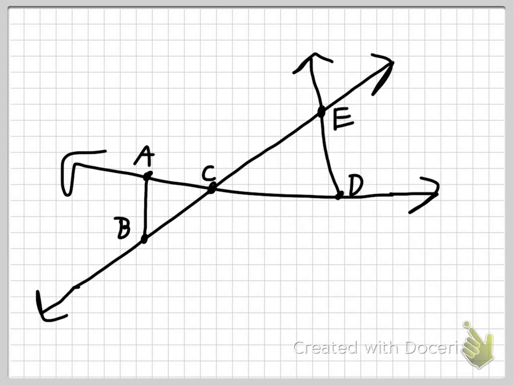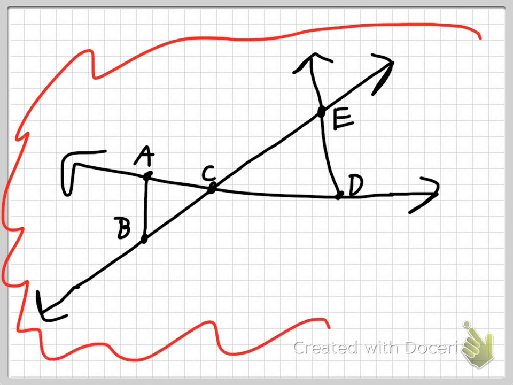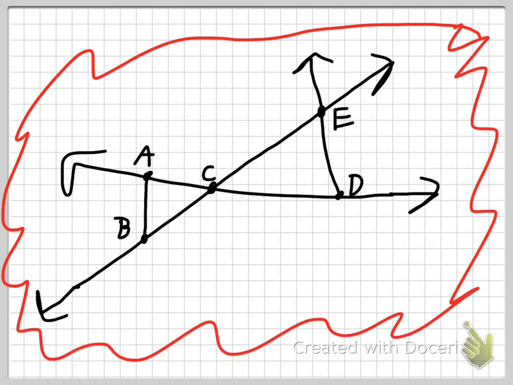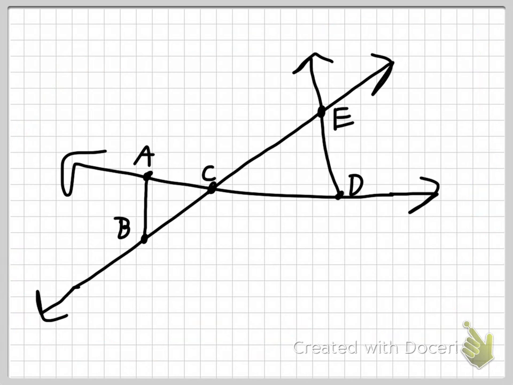Now here I just have a plane with some segments, some rays, some lines on it. Now this whole thing right here, all of this, is the whole plane. So when I say plane, I mean this space. Let's talk about some collinear points.